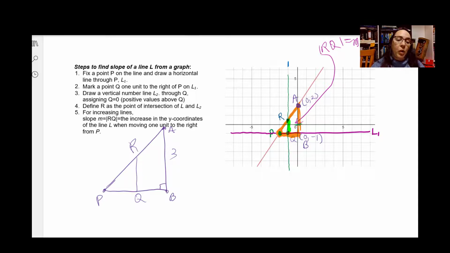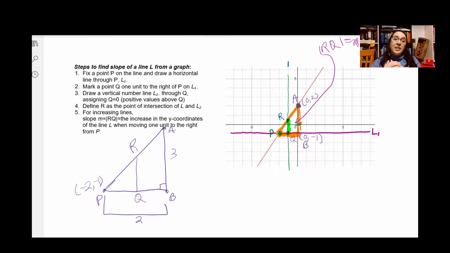I also know that the distance from P to B should be 2 units because the coordinates of the point P were -2, -1, and therefore, since B was on the y-axis and B had x-coordinate 0, this full distance PB was 2.